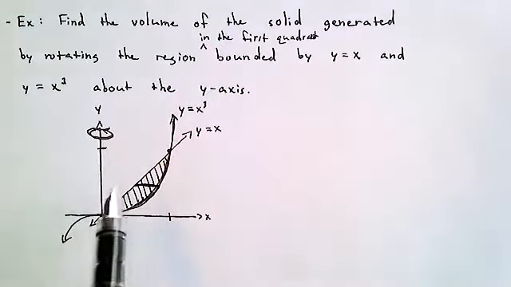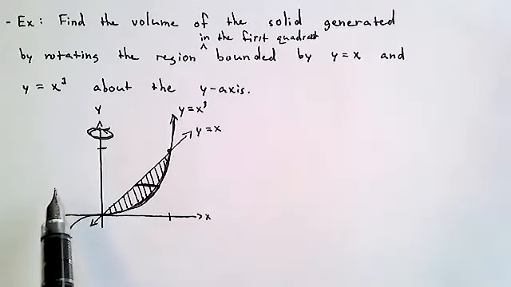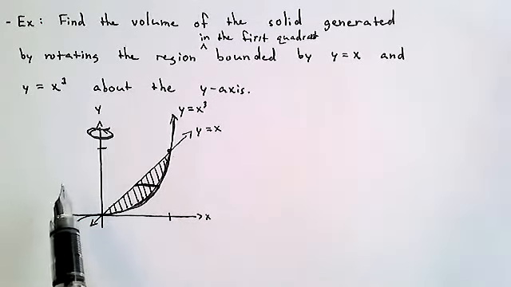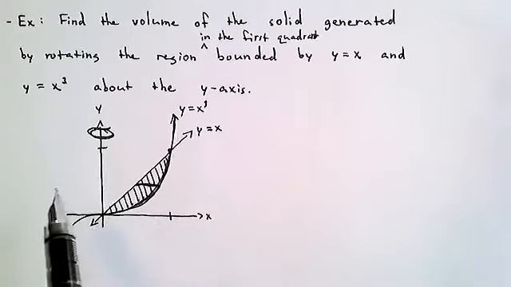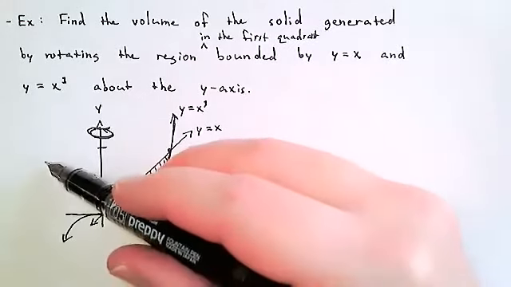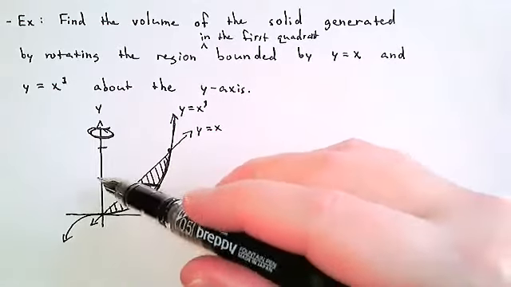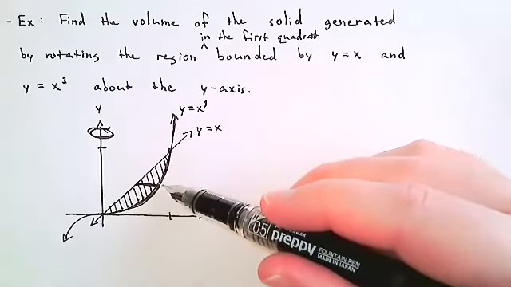And we're going to form washers because they have a hole in the middle this way. So this function, when we rotate around the y-axis, is actually the larger function because it has the larger x value.